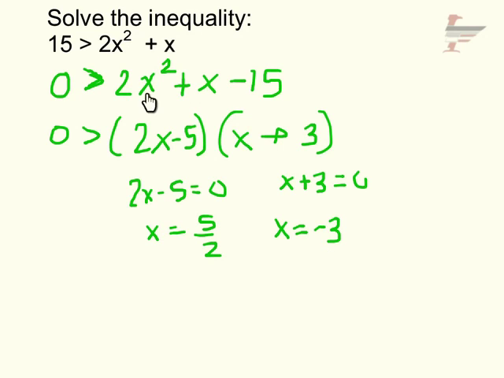So if I put -3 in for all these x's, it's going to equal 0, but it's not going to be less than 0. So then I want to test some points in between these or on the outskirts of these, and I want to figure out if numbers that are greater than -3 will make this less than 0, or maybe it's numbers that are less than -3 that will make this less than 0. So it's really a testing of points situation.